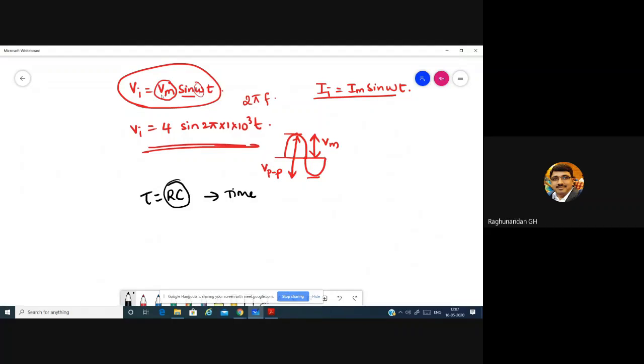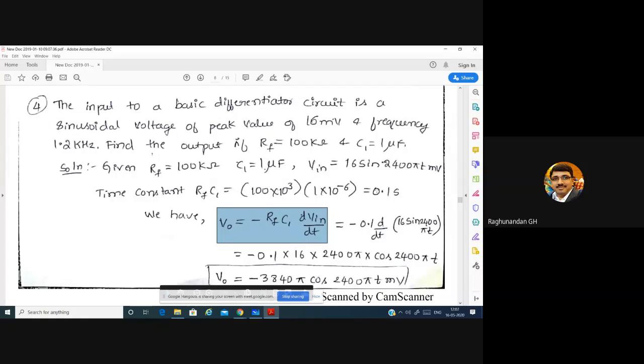Just take out whatever values you have: input voltage, that is peak voltage, frequency, substitute all those things, and on substitution you will get this equation. On getting this equation you can substitute in V in, so d by dt of 16 sin 2400 pi t.